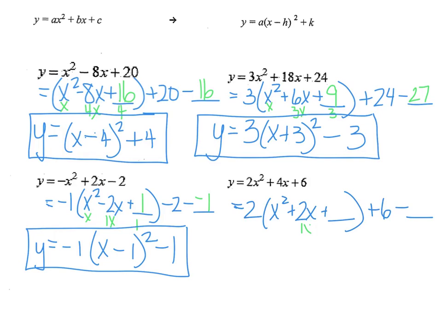2x comes from 1x. 1x comes from x times 1. 1 squared gives us 1. 1 times 2 makes 2.